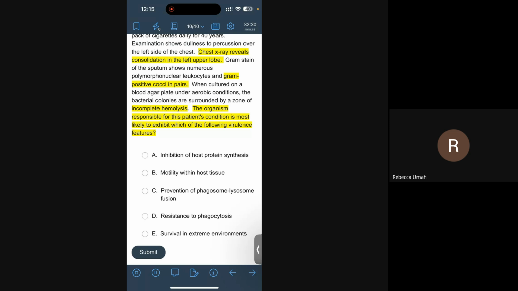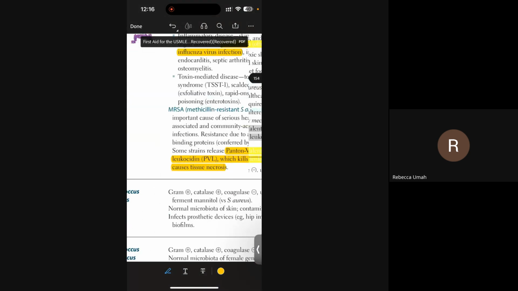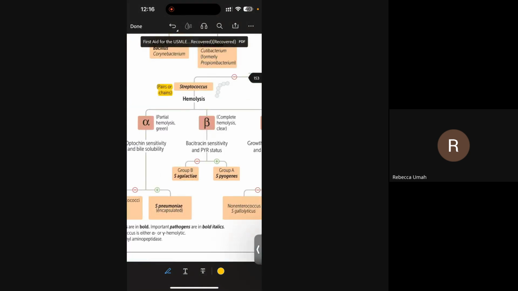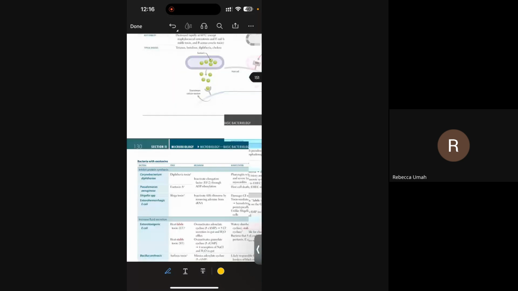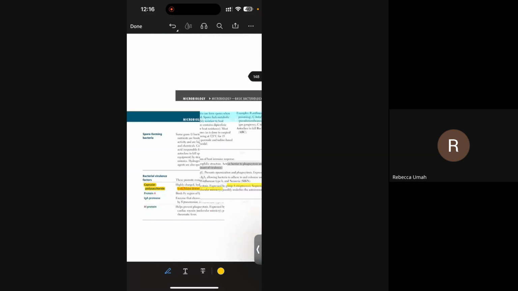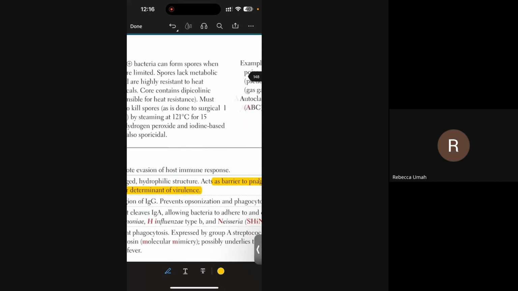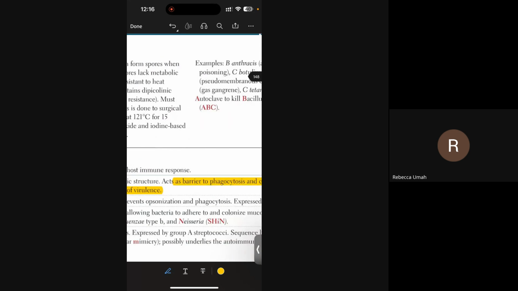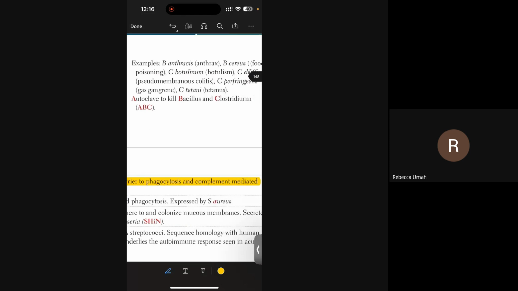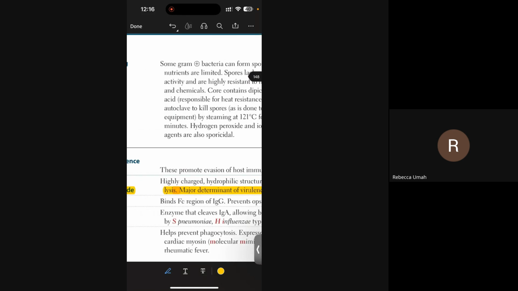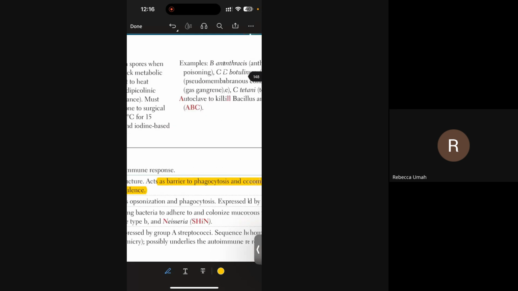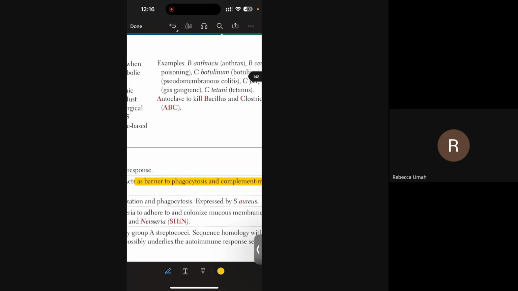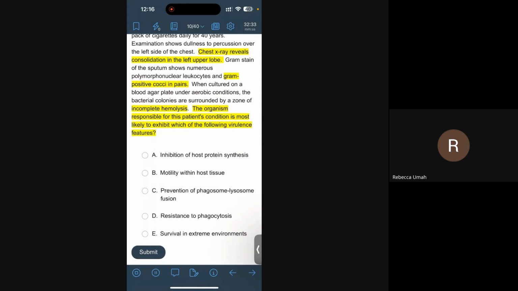How does the capsule cause the virulence? We have read this. Capsular polysaccharide acts as a barrier to phagocytosis and complement-mediated lysis. Okay, a barrier to what? Phagocytosis. Now again, tell me what would be the answer here?